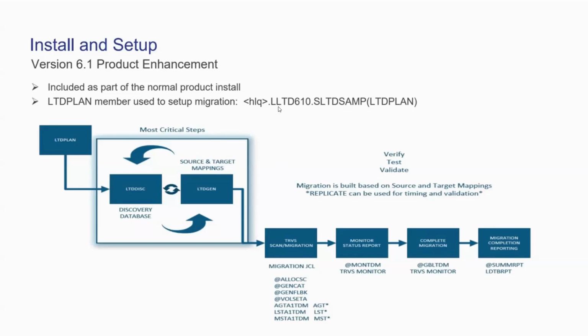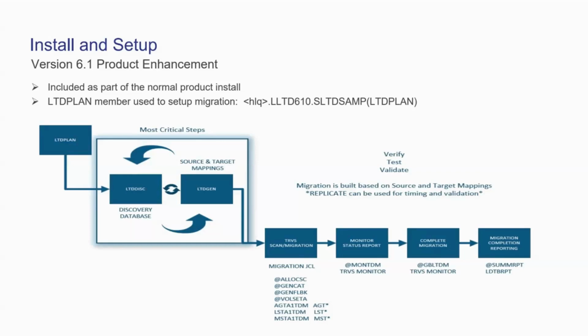So you have a software install, you have a sample lab dataset, and you have a member called LTD plan. What that does is the LTD plan generates all of the datasets that you need and all of the members to allocate syscoms and other pieces that you need for the migration. And I'm going to go into an exact demo and walk you through each of these processes after this slide.